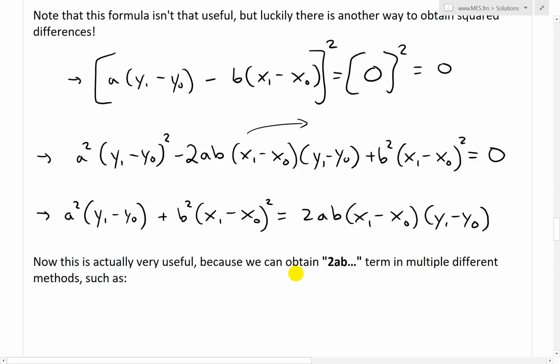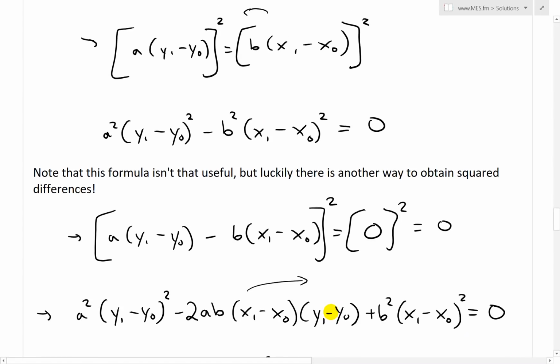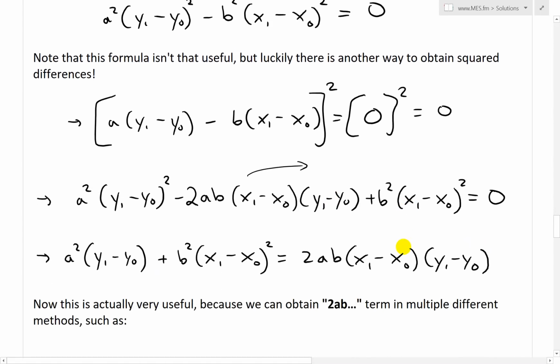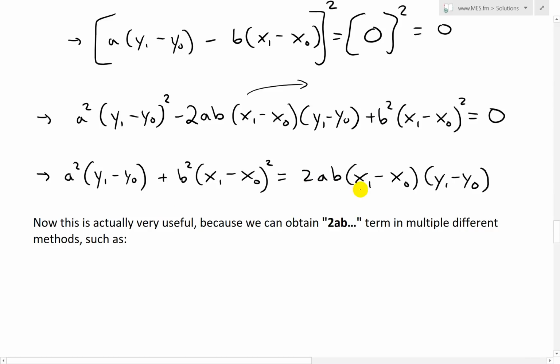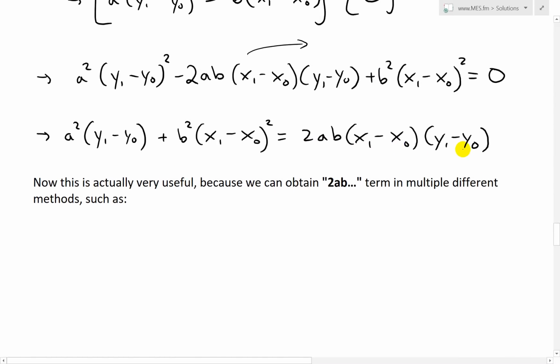Now this term is more useful than the one above where it just equals 0. We have a difference like that. The reason is that we have this 2ab (x1 minus x0) and then this delta y term. This is actually very useful because we can obtain this 2ab term in multiple different methods.